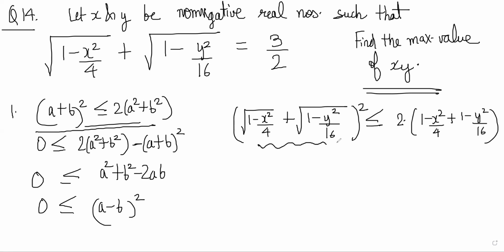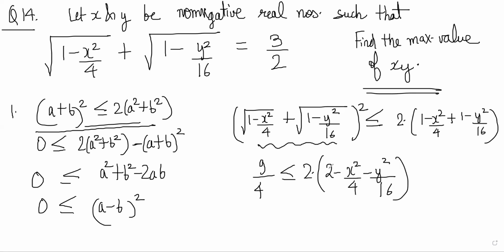Now the left side is equal to (3 by 2) whole square, given in the problem. So we get 9 by 4 is less than or equal to twice of (2 minus x square by 4 minus y square by 16), right? So this is 9 by 8. You bring everything to one side, all the variables, and you get this is less than or equal to 2 minus 9 by 8, which becomes 7 by 8.